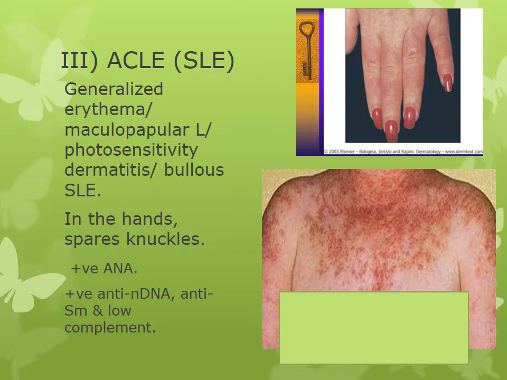In the hands, the erythema spares the knuckles, and it can be severe enough to involve more areas in the body, not only the exposed areas. It can also be chronic and become more maculopapular, lichenoid, eczematous, or bullous, and of course the diagnosis is with the corresponding autoantibodies.